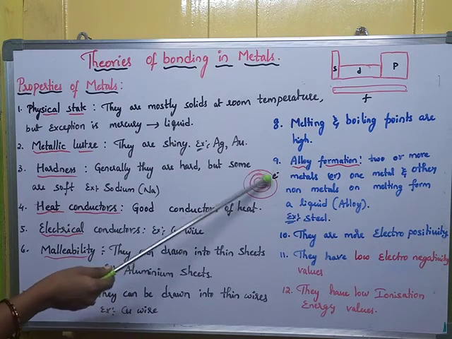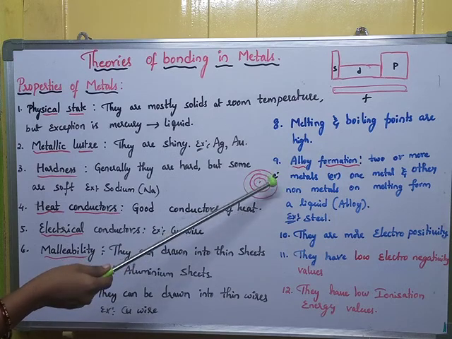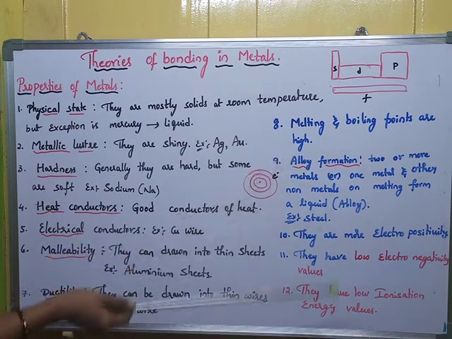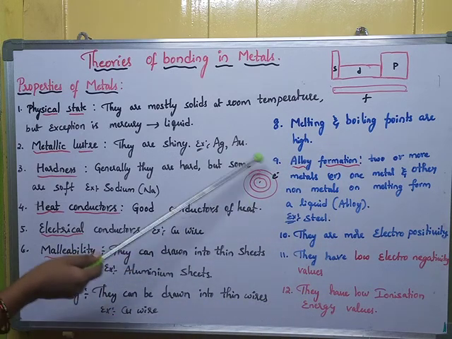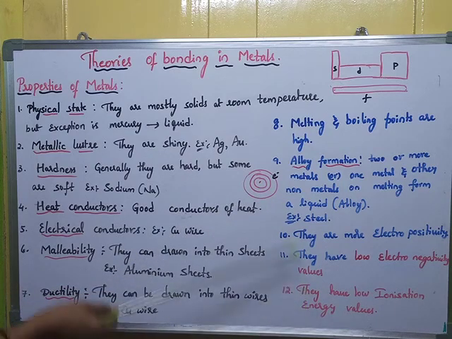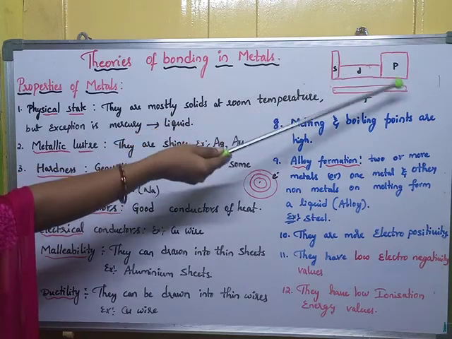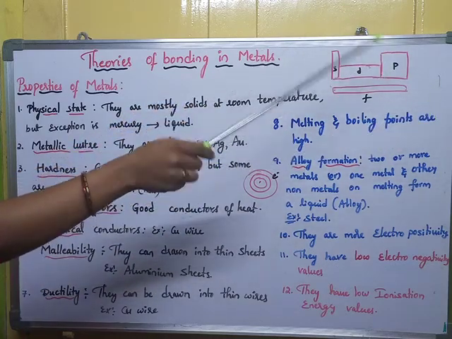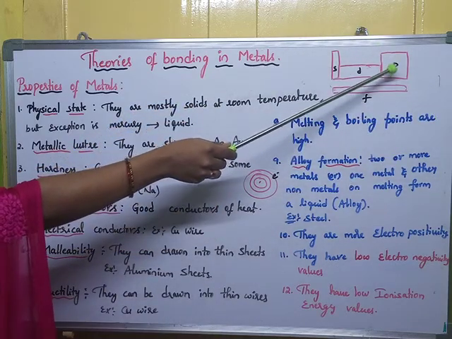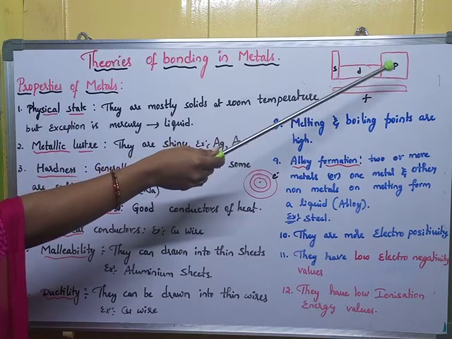So we need not apply more energy; with less energy, the electron will be removed. All metals will have a low ionization energy when compared to non-metals. Non-metals have a smaller size, so we need to apply more energy to remove electrons. So they have a higher ionization energy.